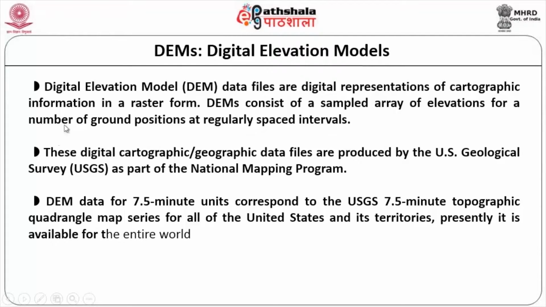Of course, most of the DEMs are produced by USGS, United States Geological Survey. Many times they go for a 7.5 minute unit, or they may even go for a 15 minute unit, but it all depends on the purpose or application.